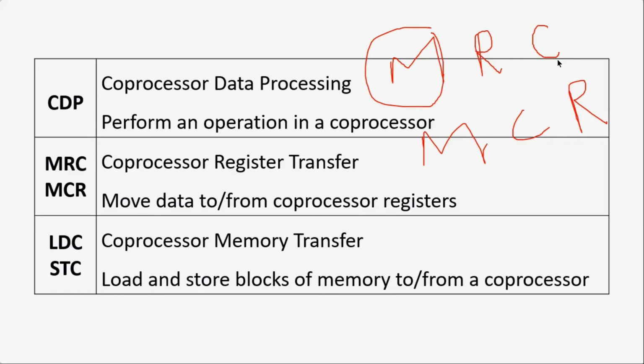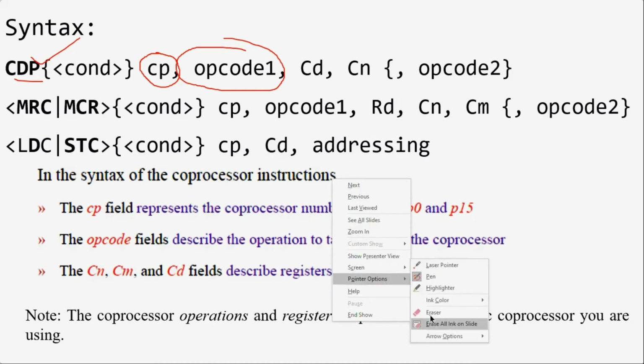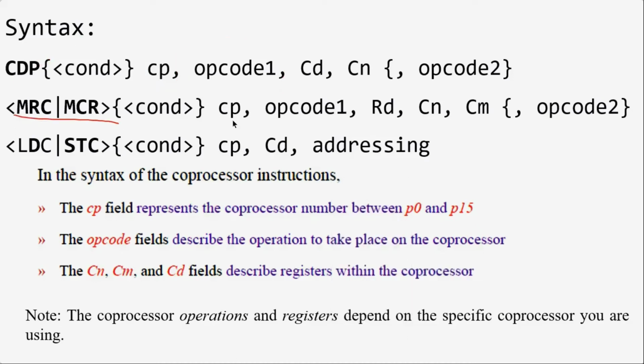So MRC means moving result or data from the coprocessor to any register of the ARM or main processor register. And MCR means moving data from a main processor register, that is ARM register, to its coprocessor register. That's why you can see, I'll go back again in this syntax. I'm talking about the second instruction, these 2 instructions.